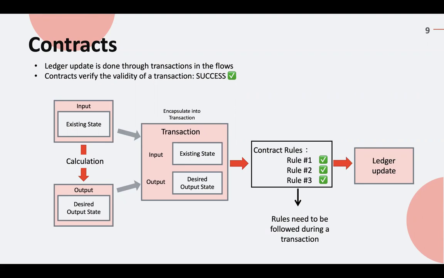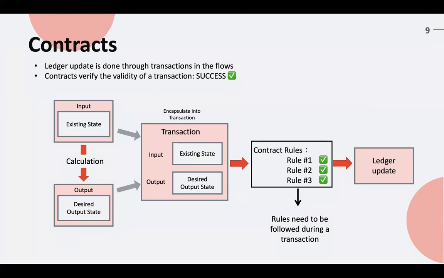In this case, contracts define the actual updates you can apply to different states. There's only one contract for each state, ideally. A ledger update is done through transactions in flows. Contracts will verify the validity of the proposed updates.